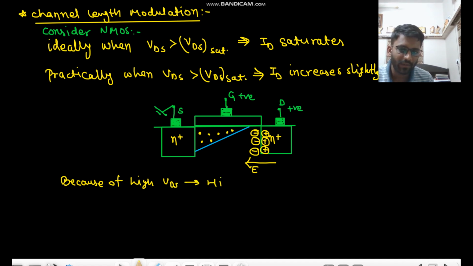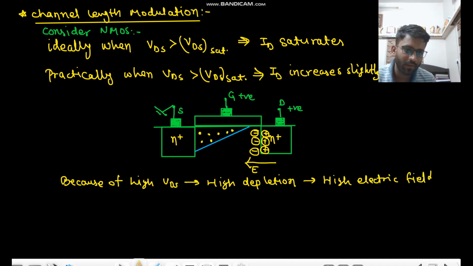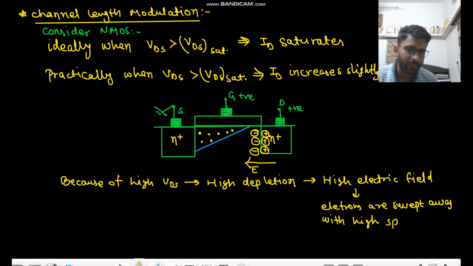high depletion, that means high electric field, that means electrons are swept away with high speed, and the current increases slightly.